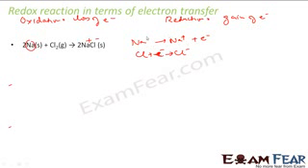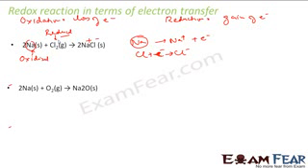So loss of electron is happening here in this case. So sodium is getting oxidized, right? And chlorine is getting reduced here. So with the new definition, where we say oxidation is loss of electron and reduction is gain of electron, we say that sodium is oxidized and chlorine is reduced here.